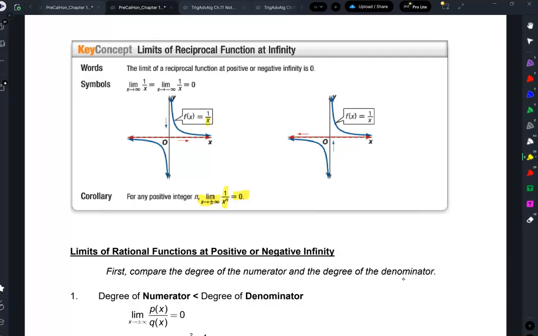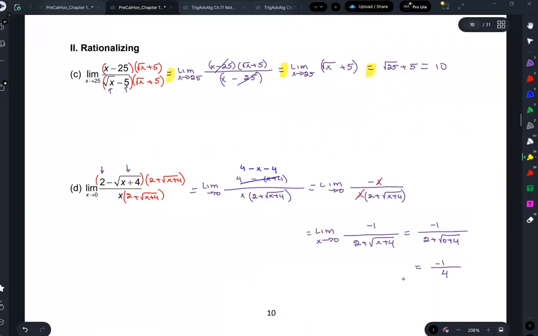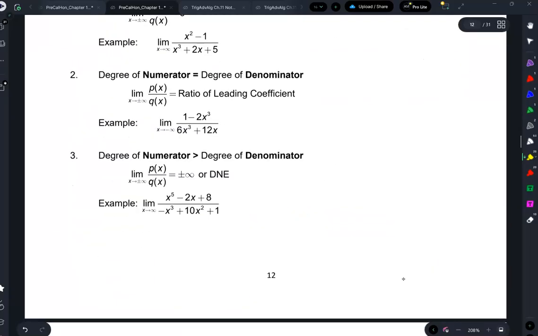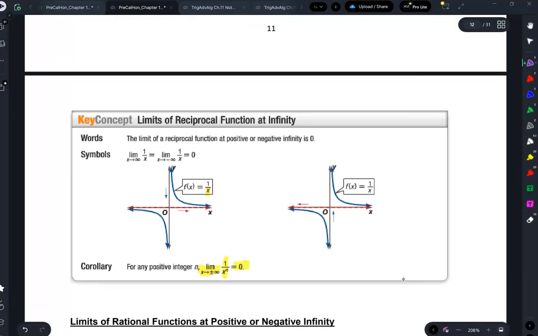Now, one thing. When we were looking at functions, the limit approaching like a 5, 3, negative 2, we were doing direct substitution, remember? And we were plugging in the numbers. In the case of infinity, if you have the limit as x approaches infinity of like 3x, you are never allowed to write this.